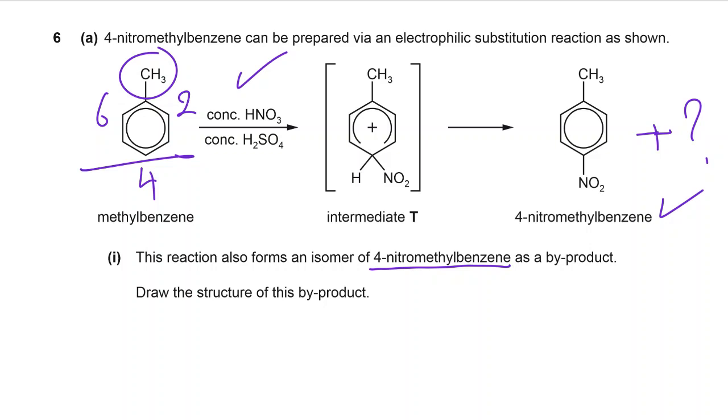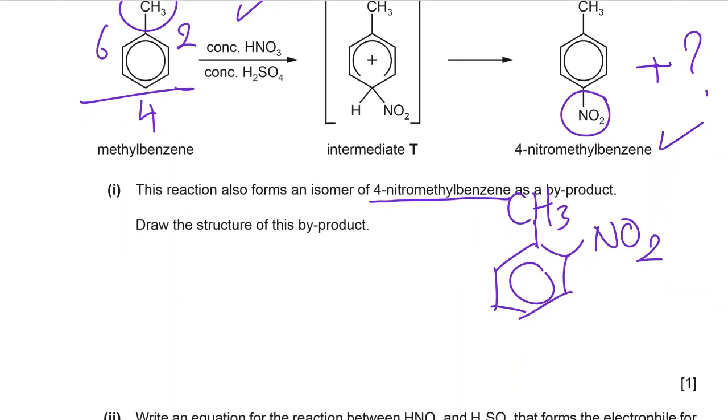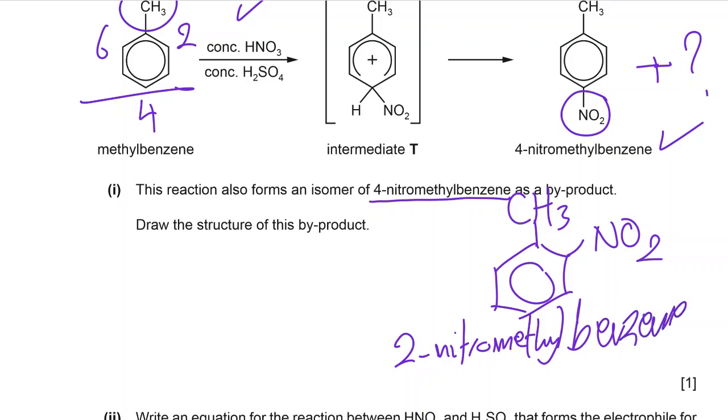Already what do we have? We have the substituent at position 4. So the second isomer should be this one. Again, this is benzene, and here this one methyl. So this compound. Okay, so we will form this another isomer, which is here. In this case, it will be 2-nitromethylbenzene.